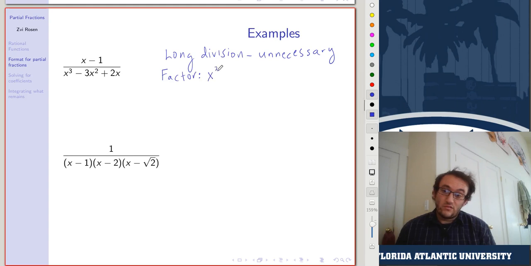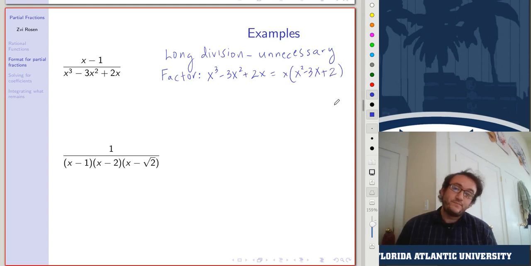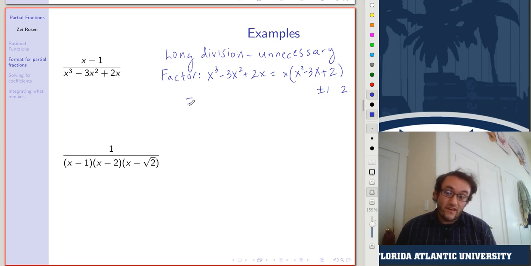So x cubed minus 3x squared plus 2x is equal to x times x squared minus 3x plus 2. And then to factor this quadratic term, we'll notice that the only way to get 2 is to multiply plus or minus 1 by plus or minus 2. And we notice that minus 1 and minus 2 add up to minus 3. So our factorization becomes x times x minus 1 times x minus 2.